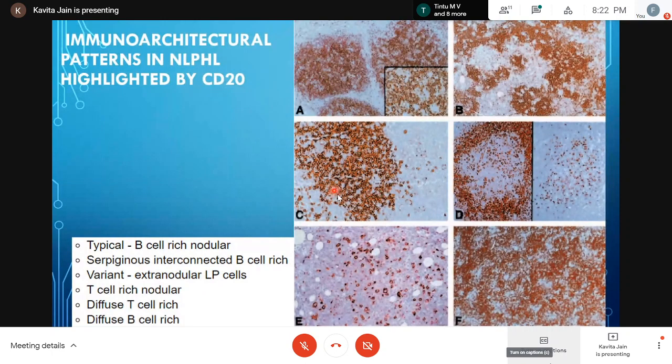Then we have extranodular LP cells, whereas normally they are found within the nodules. Then we have T cell rich areas. They are negative for CD20, they are all T cells, and we have a lot of HRS cells within the T cells, so T cell rich nodular. Then we have diffuse T cell rich, and we have diffuse B cell rich.